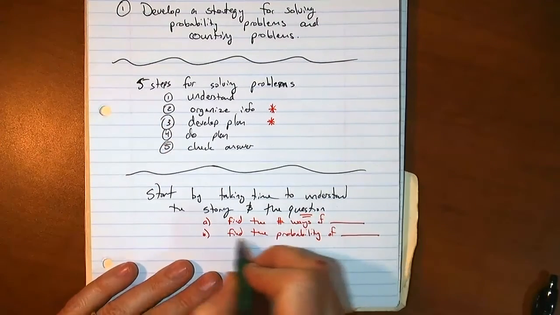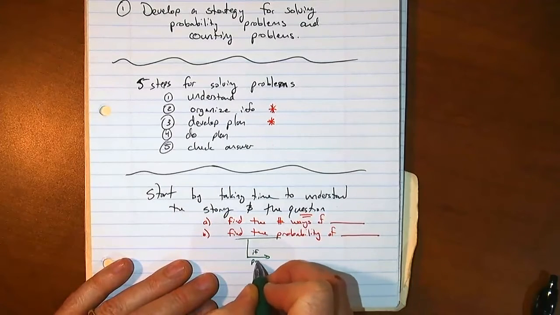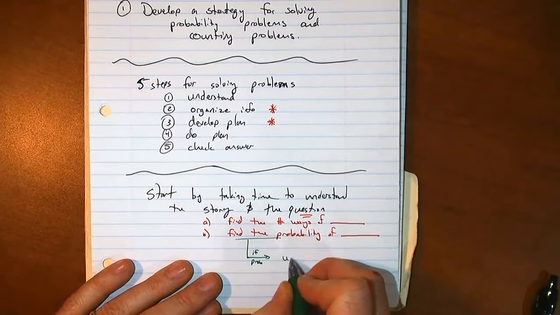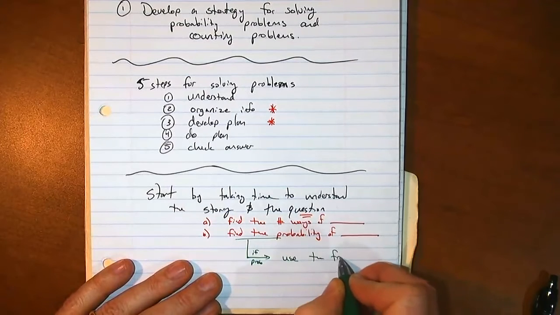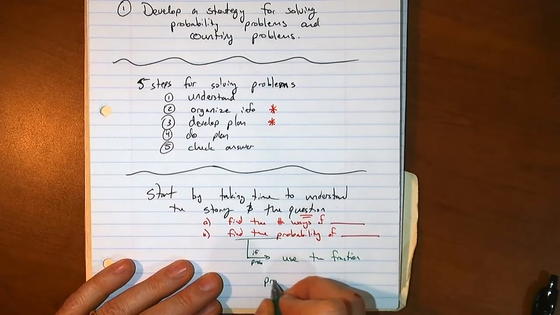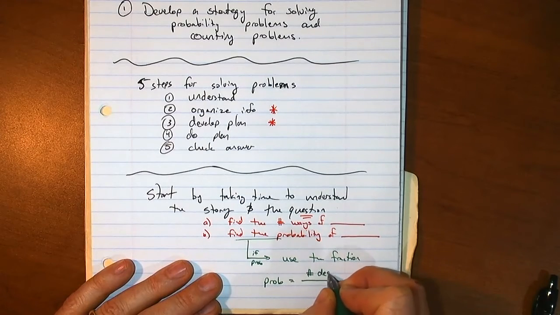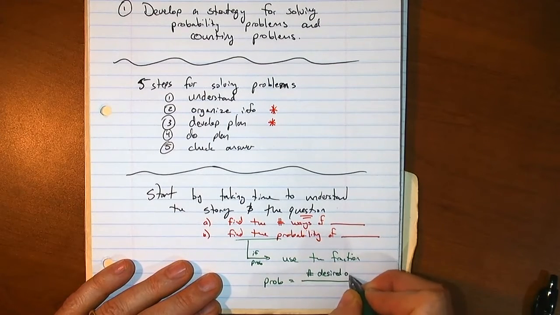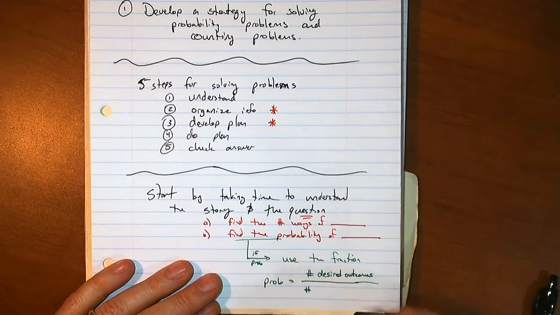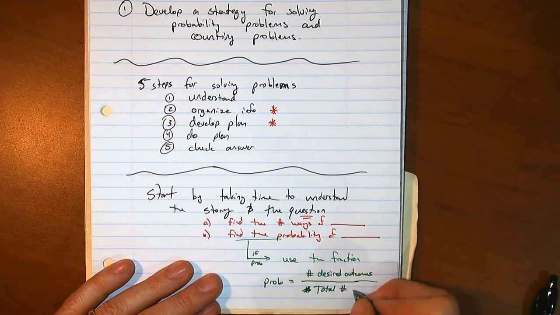But if they're asking us for probability, then part of our plan has to be to use the fraction that we learned in the beginning of our unit, that probability will always be equal to the number of desired outcomes, or desirable outcomes, I think is how we said it, divided by the total number of outcomes.